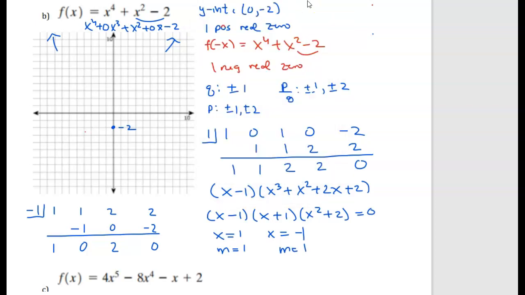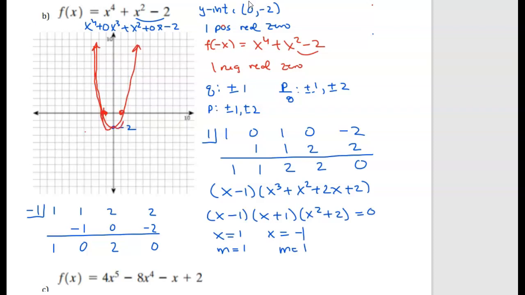Okay, so we have a 0 at negative 1, a 0 at positive 1, and my function goes up at both ends. Alright, so let's draw it this way, and then it goes here, and it goes like this. Okay, now I'm not sure if there's any extra wiggles or anything.